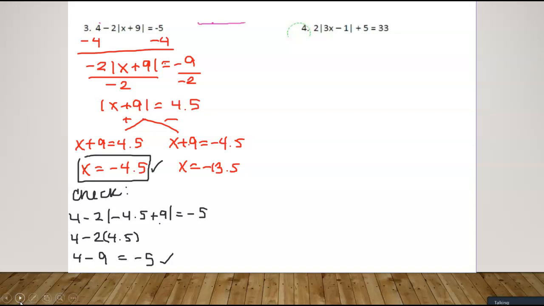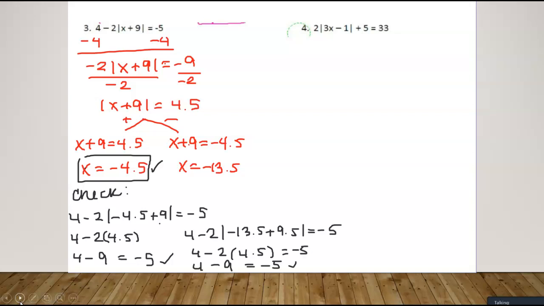So that checks out. Absolute value gives you positive, and then you get 4 minus 9, which is equal to that -5. So -13.5 checks out. I promise you they don't always all work. We're just working on solving right now.